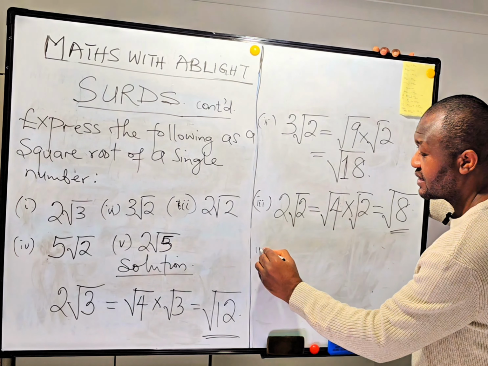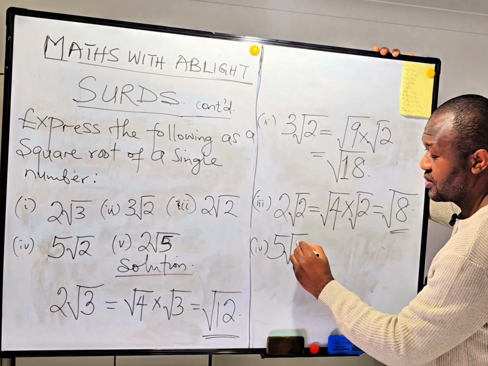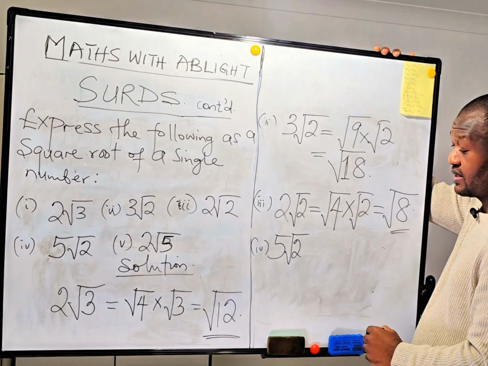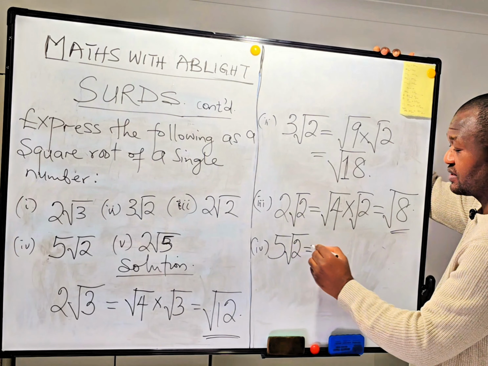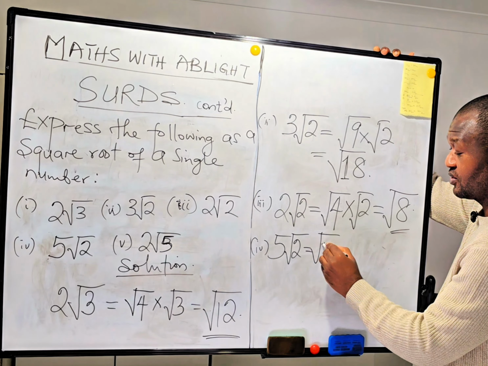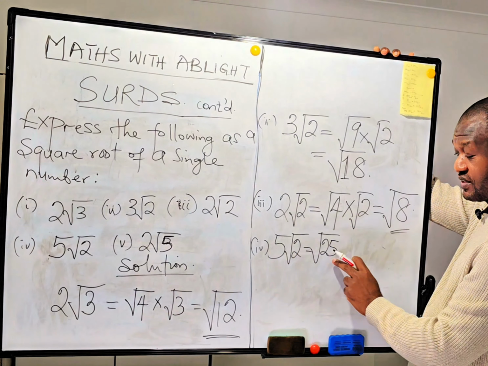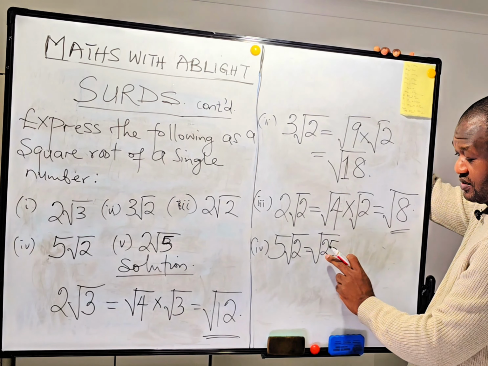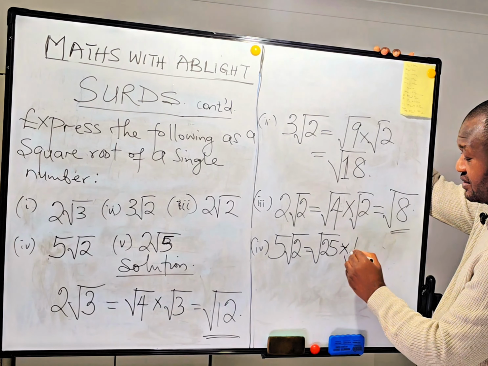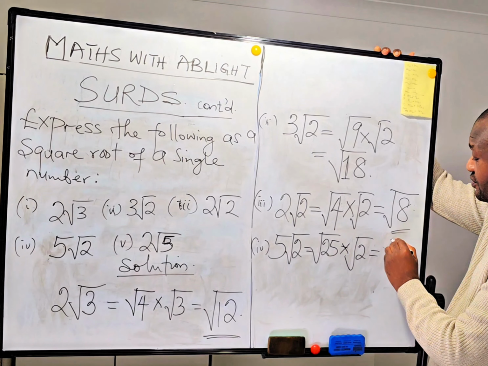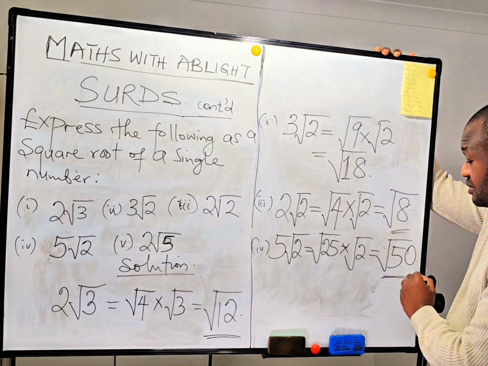The next one is saying we should find 5 root 2 as a square root of a single number. That means the square of 5 is square root of 25. The square of 5 is 25, so you put it in square root because the square root of this will give you exactly 5. And then multiply it by root 2. And that gives you square root of 50. Simple answer.